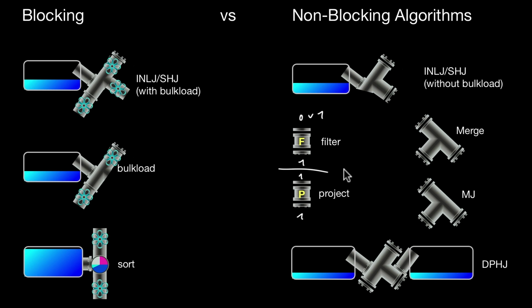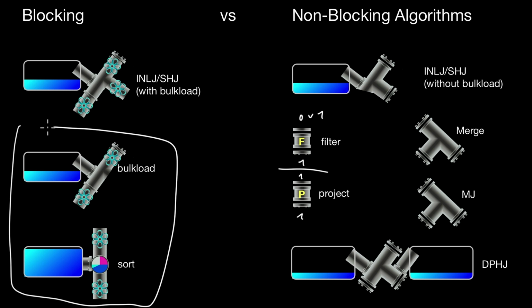Then let's start with the blocking operations. Here we had this in the previous slides: the index nested loop join, the simple hash join, the bulk load, and the sort. Actually we could say this is the same thing, because sorting is a variant of bulk loading. Those are very related.